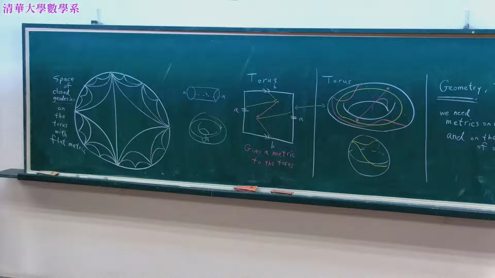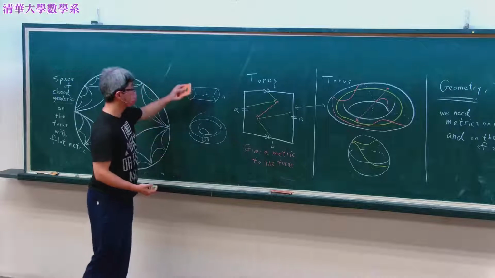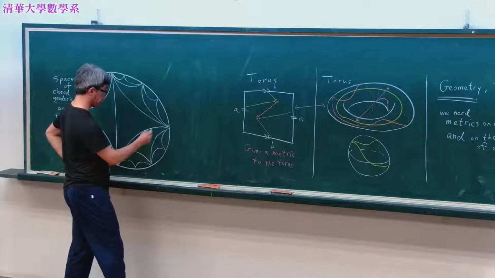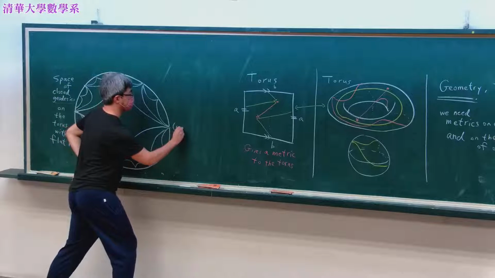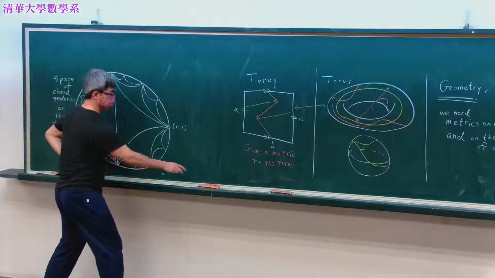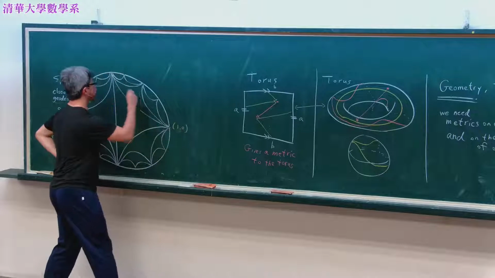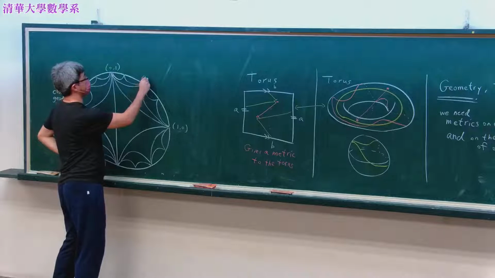And one thing that I might not need to explain is that any point, if you go in a rational slope, you would end up getting a closed geodesic. So let's just give it some names. Maybe this is (0, 1). That's (1, 0), and this is (0, 1). When you add those two together, the point in the middle is (1, 1).